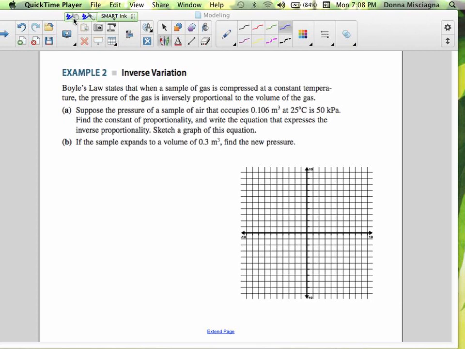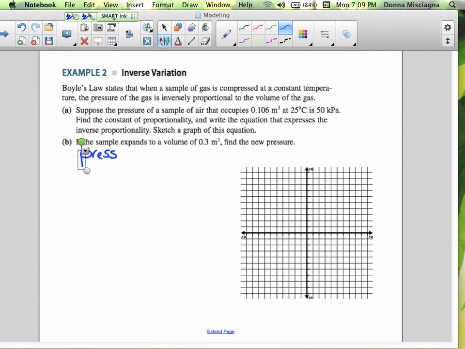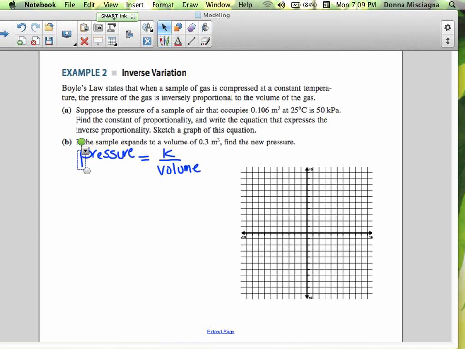It's telling us that the pressure of the gas is inversely proportional to the volume of the gas. So in other words, the volume is going to go in the denominator because they are inversely proportional. That's where that piece of information tells us how to set up the equation. And this is an example of inverse variation.